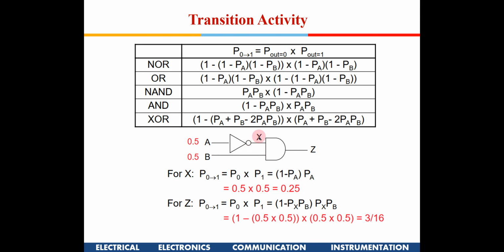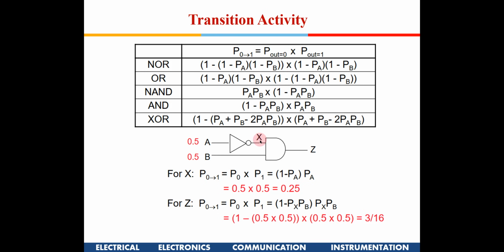Here, if you see, the activity at point A: the probability of 0 is 0.5 and the probability of 1 is 0.5, so 0.5 into 0.5 becomes 0.25 out here. Now if I want to find out the activity at Z, the probability of it being 1 is 0.5, since it can be either 0 or 1.